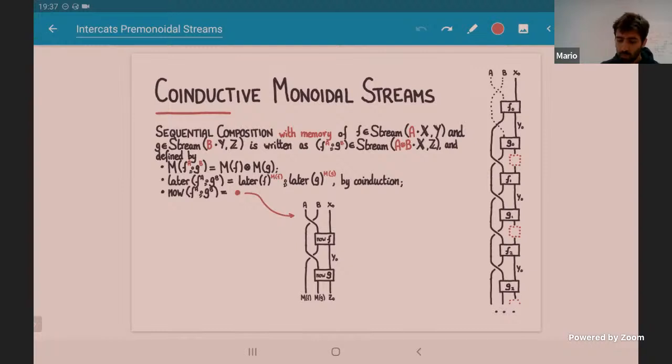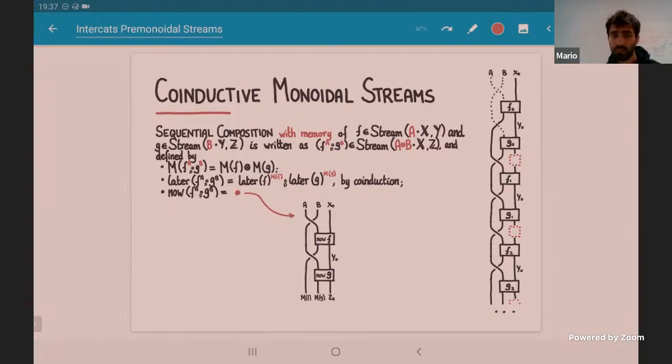If we do that with diagrams, we will do the thing I have here on the right. So this is the definition we would do. We would have some pair of string diagrams, and then we know how to put them together in a way that they form a new monoidal stream. How do we do that with coinduction?